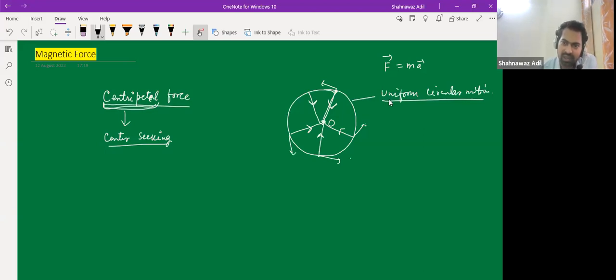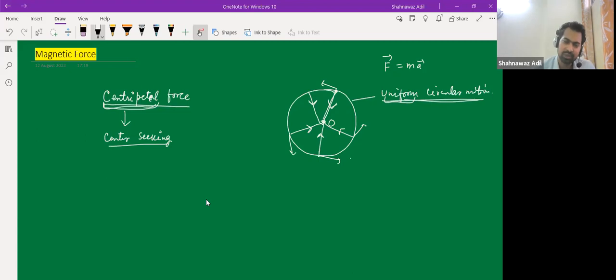And why are we saying uniform circular motion? Why is that uniform? What is uniform motion, guys? Yes, so it moves in a uniform path.